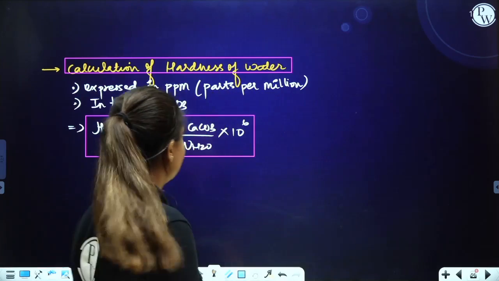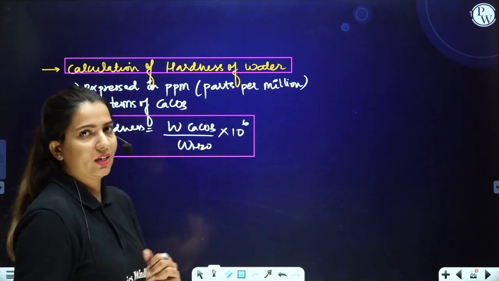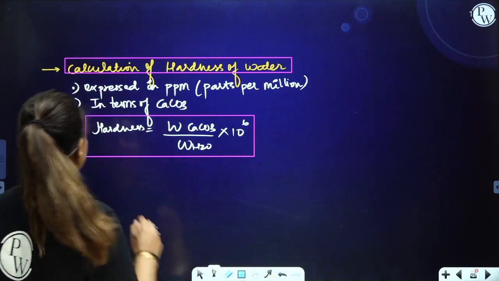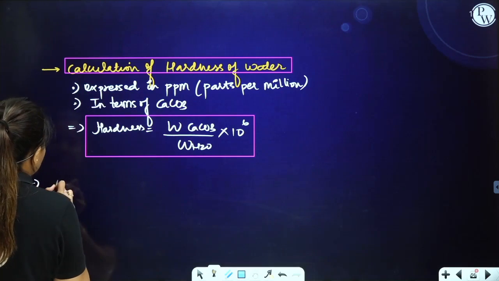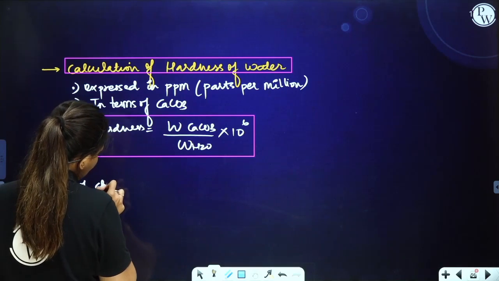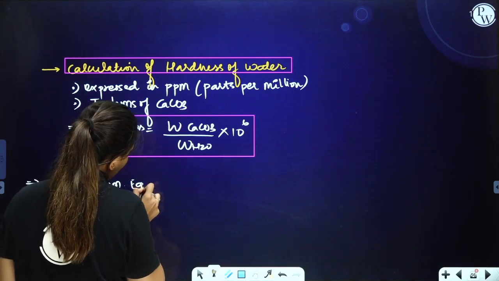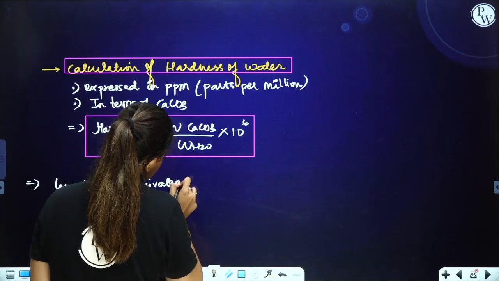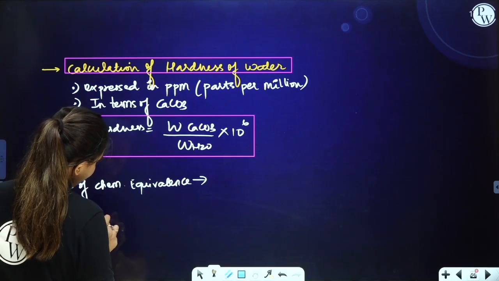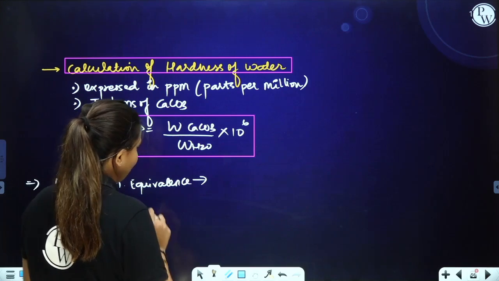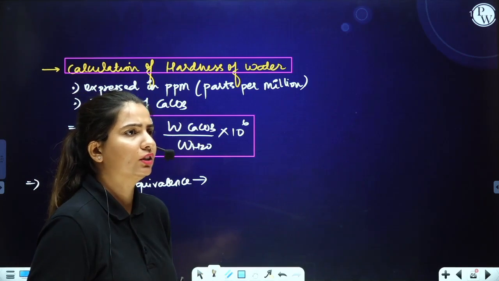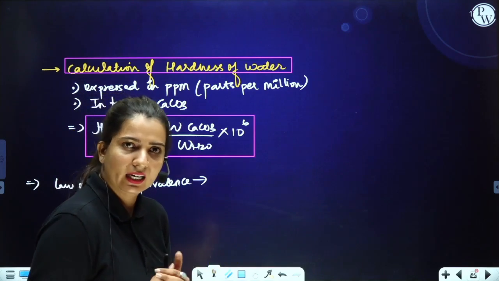Now, this weight of water will be given in the question. This weight of calcium carbonate you need to calculate. Now how will you calculate? For that we have to use the law of chemical equivalence, and that tells us that the gram equivalence of calcium carbonate you have to take on the left hand side. Now what all salts are present which are responsible for the hardness of water?